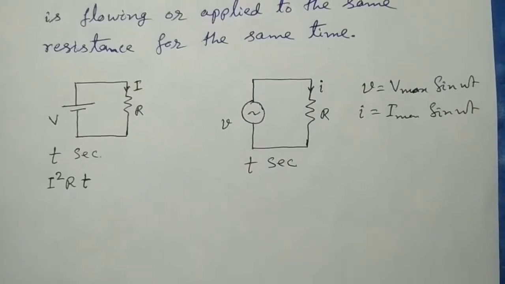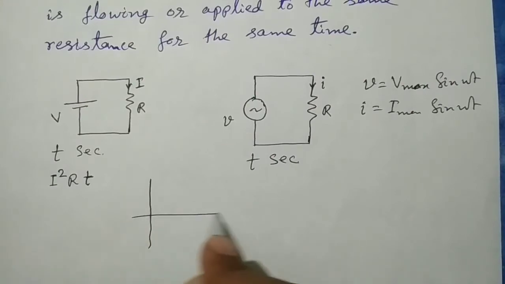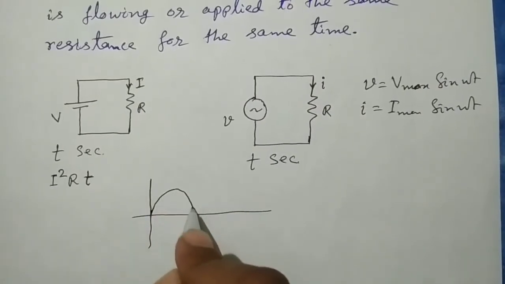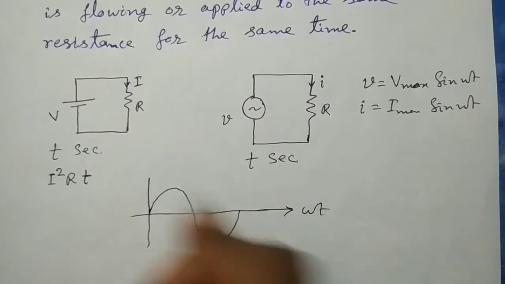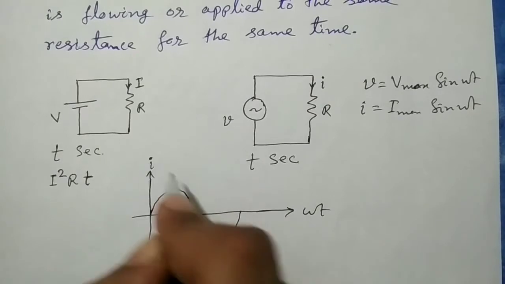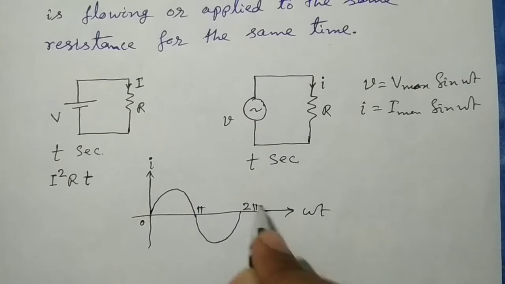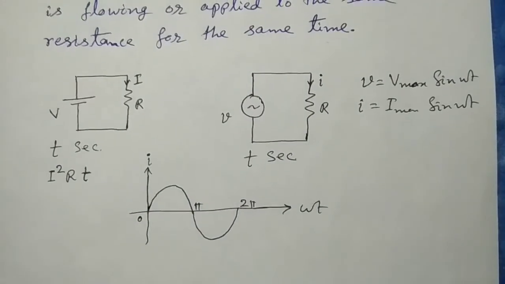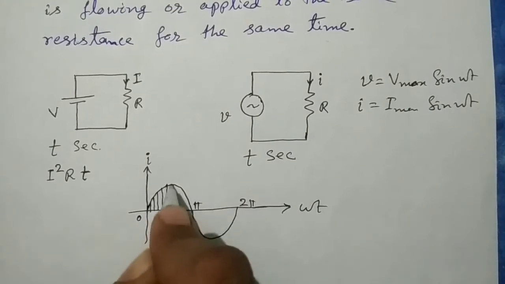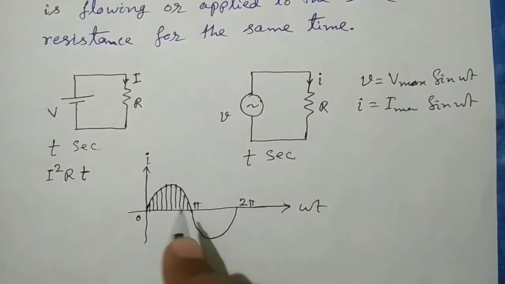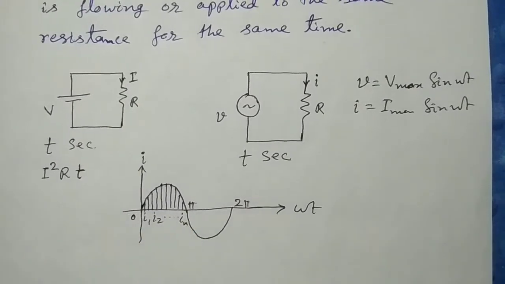Let's elaborate it further. Consider the current which is flowing through the load resistance is i equal to I max sin omega t. So this is its waveform. We divide the positive half cycle into n number of segments, that is i1, i2 up to in.